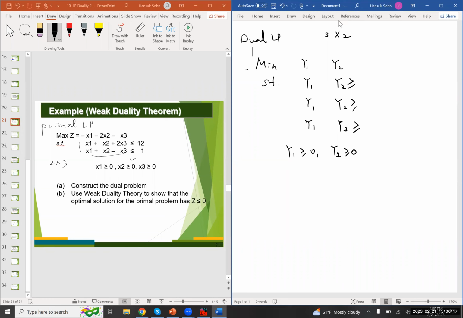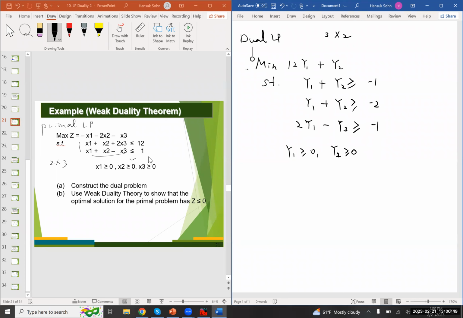The symmetric primal dual pair. Here, the right-hand side values 12, 1 become the objective coefficient values. -1, -2, -1 become the right-hand side values. And we have 1, 1, 1, 1, and 2, -1, right?